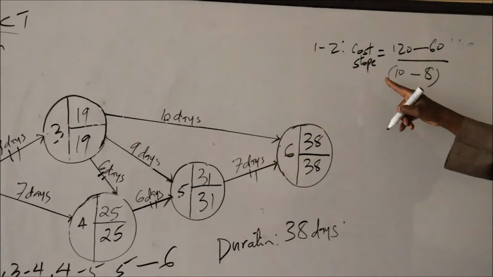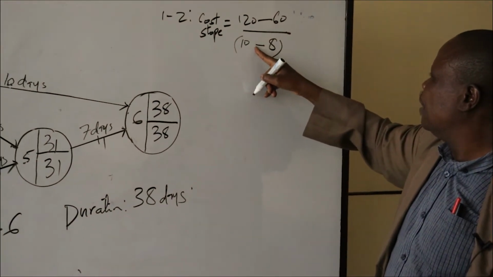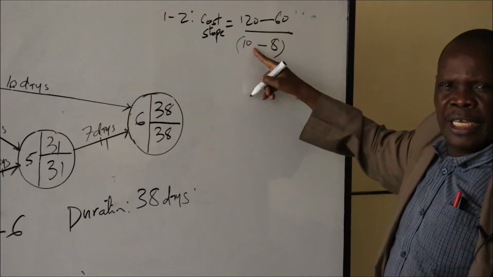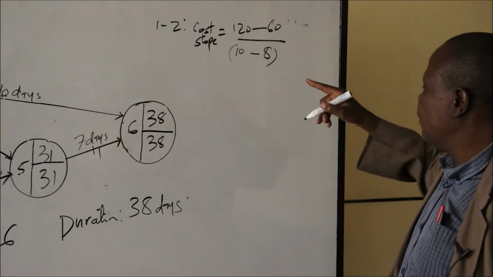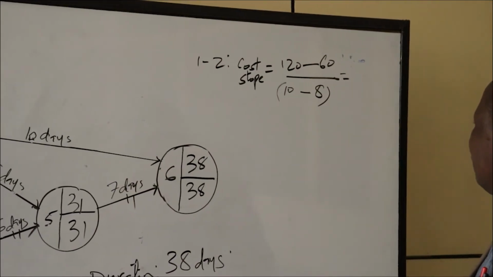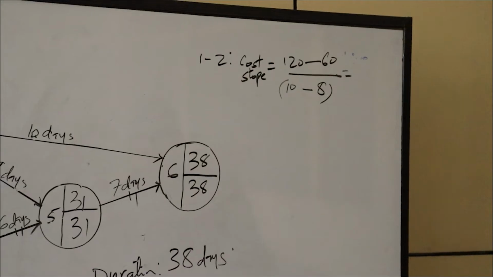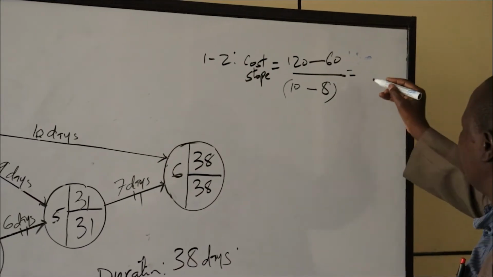So that means activity 1 to 2 has 2 days available for crashing. So this one gives us 120 divided by 120 minus 6 is 60. 6 divided by 2 is 30.